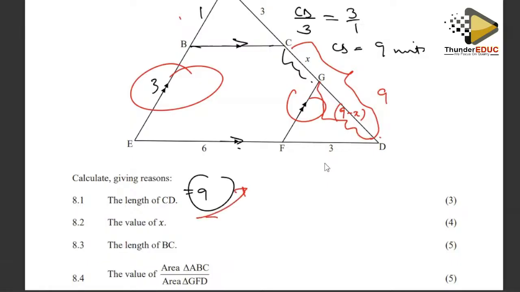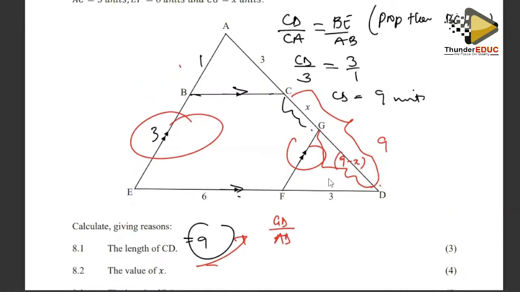So we're going to say if we have GD divided by the total distance, which is AD, this should give us the same as DF over the entire distance, which is ED.